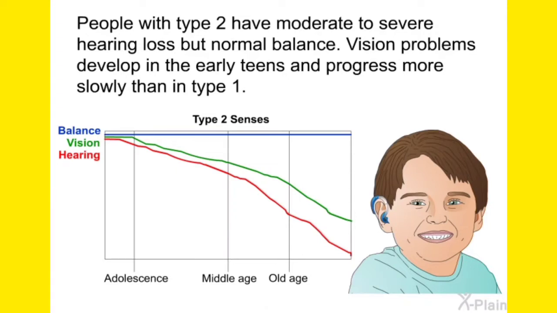This vision problem develops later, in the early teenage years, so it progresses more slowly than type 1. Type 1 will progress very fast, but type 2 will progress slowly.